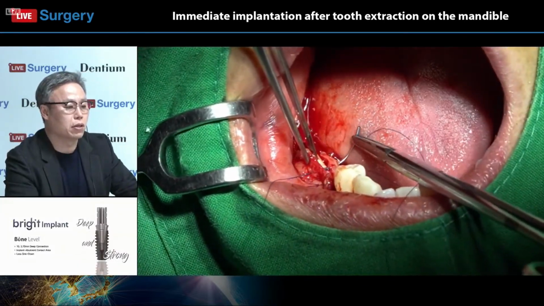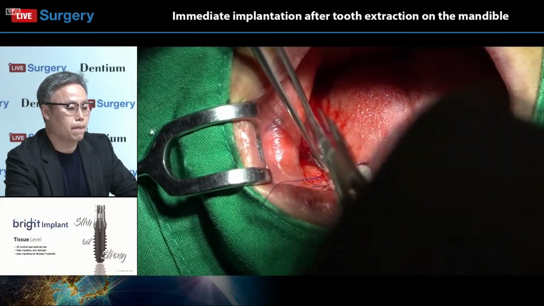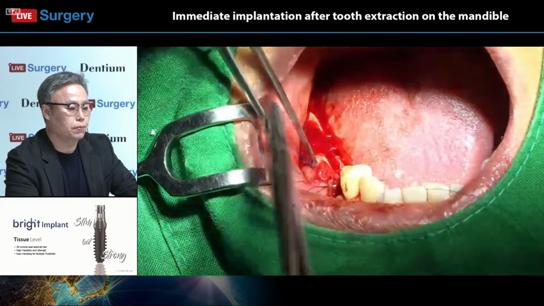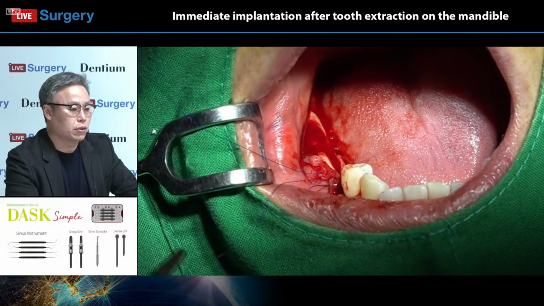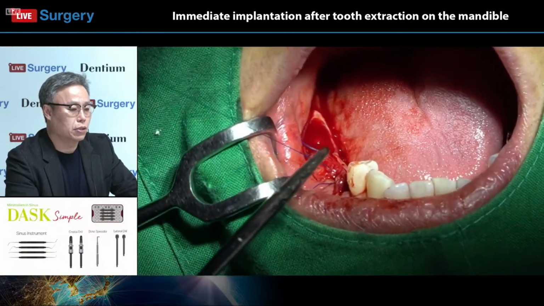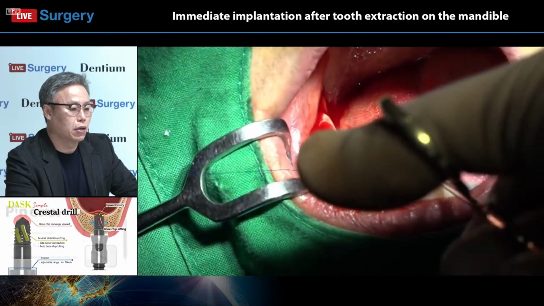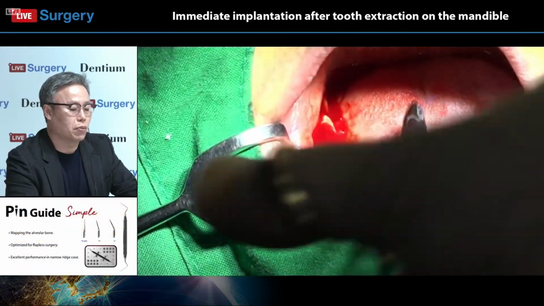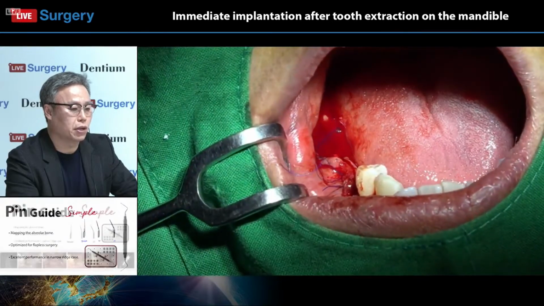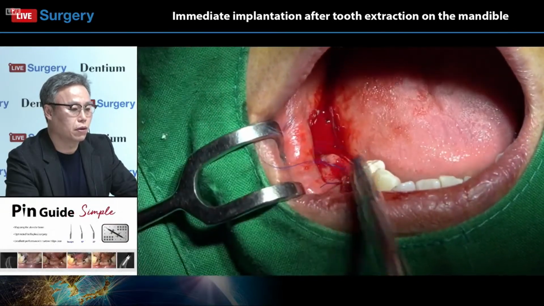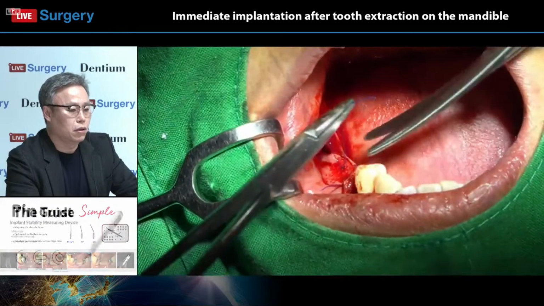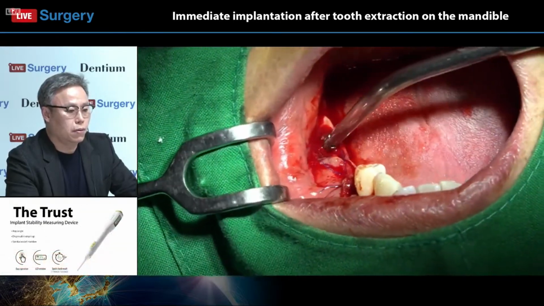We can minimize that risk. As for another matrix suture, I think because he got enough stabilization of the membrane using the healing abutment, one matrix suture is enough.